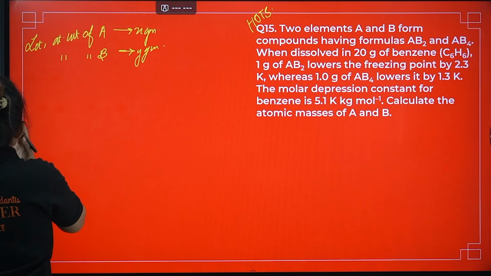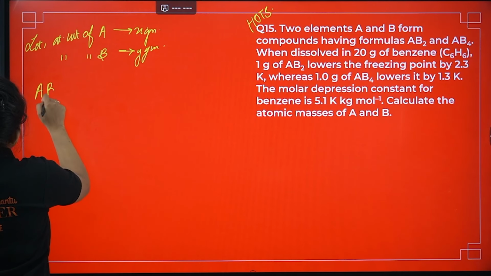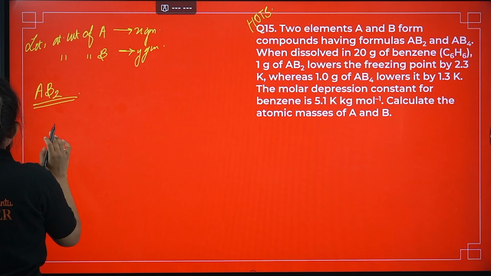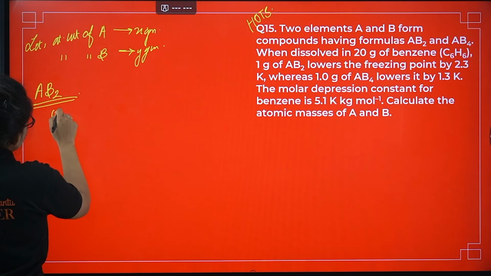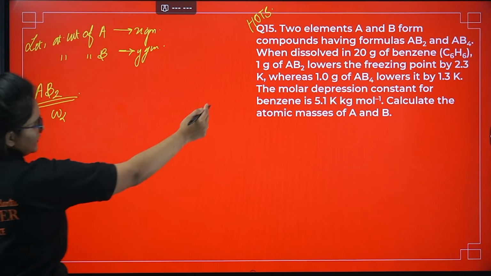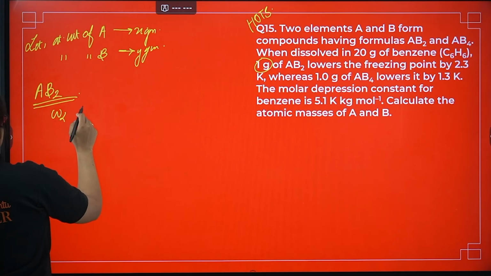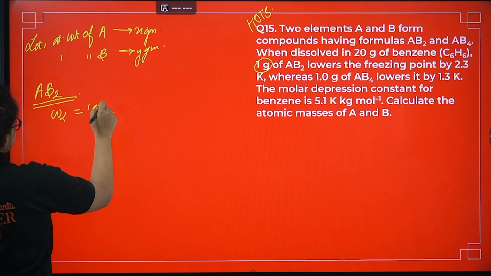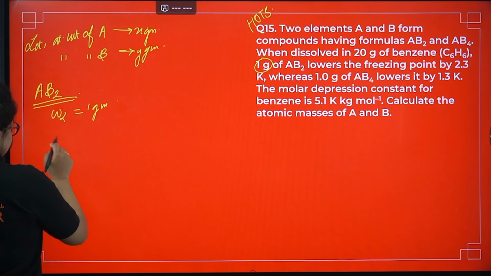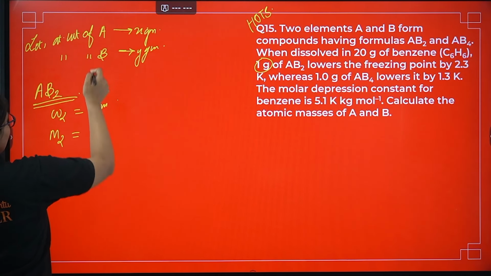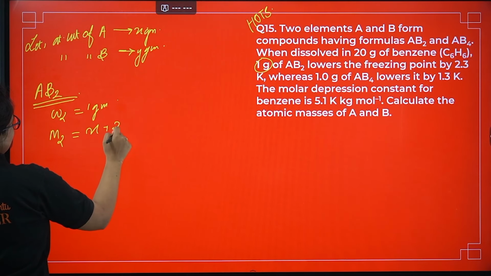Now for AB2, what are the given things that we will write first? W2 is given, that is the weight of AB2, 1 gram. Molar mass M2, how will you find it? 1A means x plus 2y, that will come.